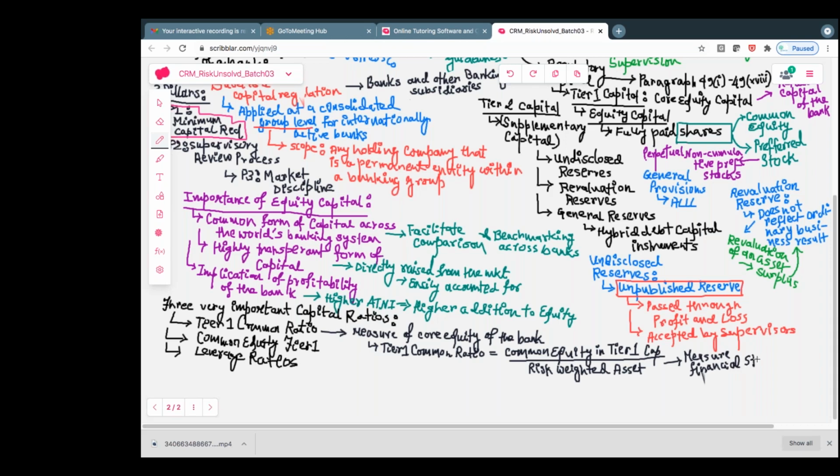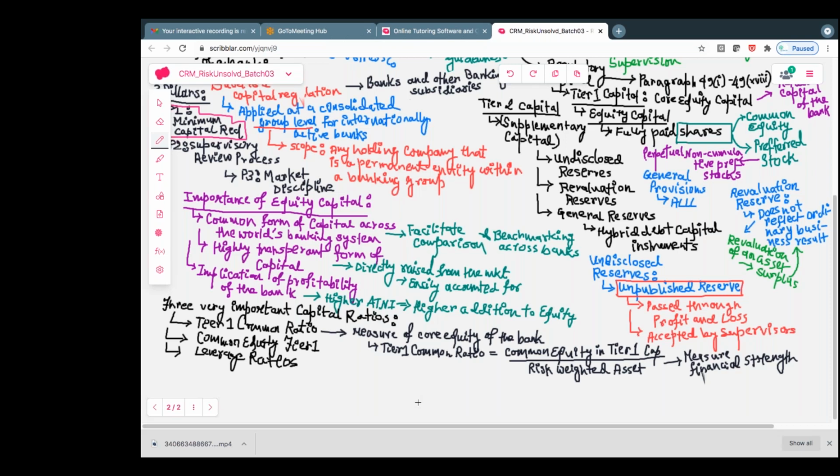It measures the financial strength. Now, this part does not include the preferred share. It is only the common equity that the bank has.